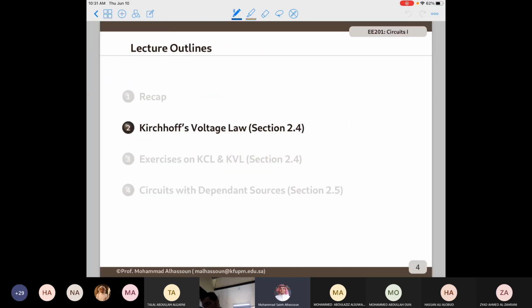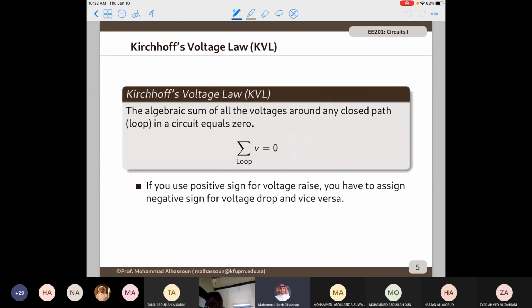and a negative current for current entering the node. And we briefly introduced KVL, Kirchhoff's voltage law, which states that the sum of the voltages around any closed path is 0. A closed path is a loop. If you recall, a loop is when you start from a node and go back to the same node without passing through any intermediate node more than once.